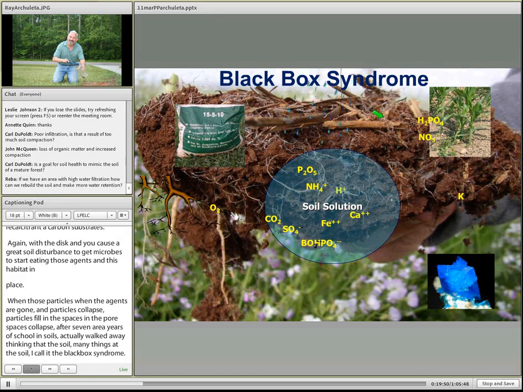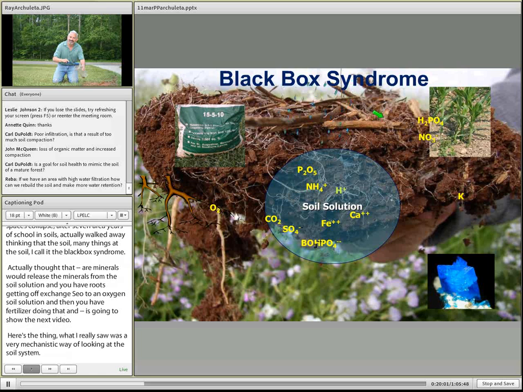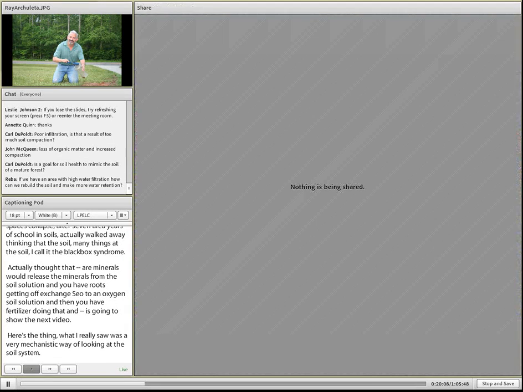But here's the thing, ladies and gentlemen, what I really saw was a very mechanistic way of looking at the soil system. I thought of it as just a giant mass flow, interception, diffusion box where all these things are happening. And Les is going to show us the next video. But in reality, it's much more complex and beautiful than that.